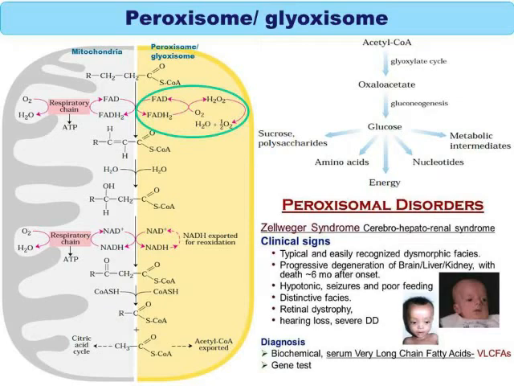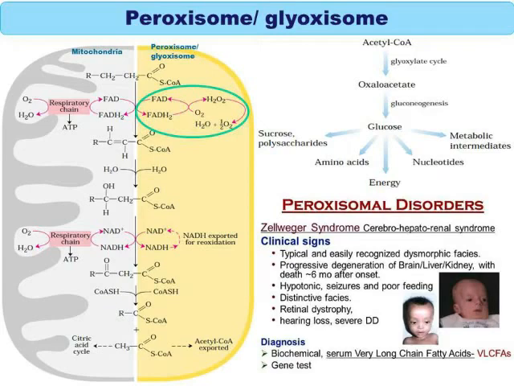This step is different from mitochondrial beta oxidation. In this reaction, FAD is reduced to FADH2, which donates its hydrogen directly to molecular oxygen, forming FAD and H2O2. Catalase converts hydrogen peroxide to water and molecular oxygen.